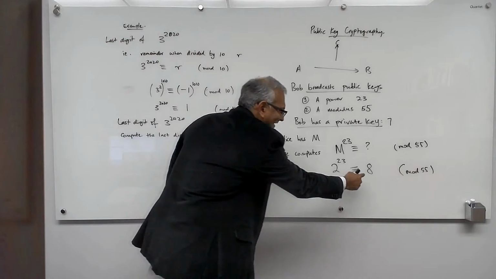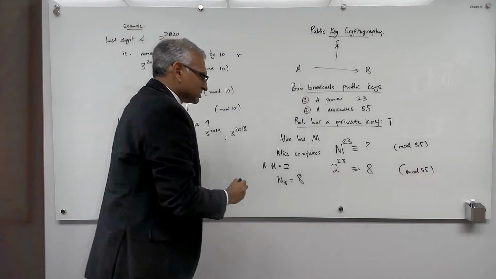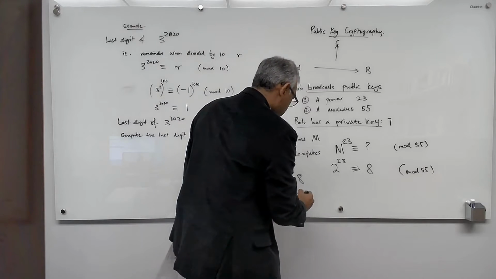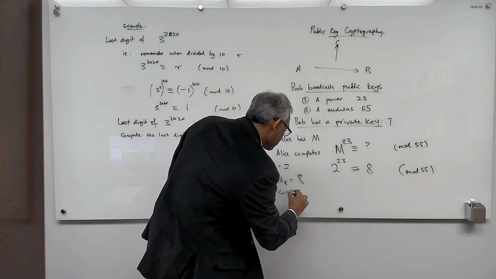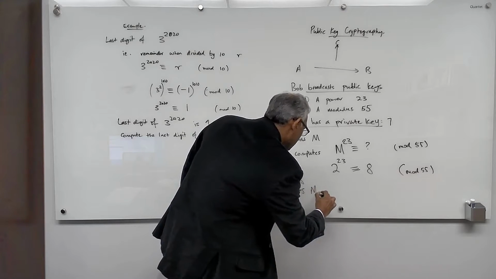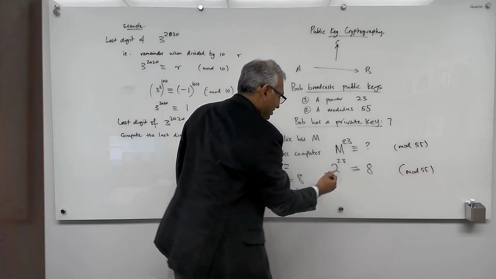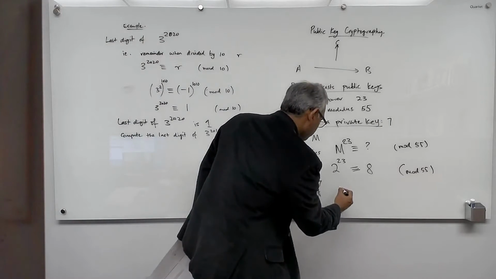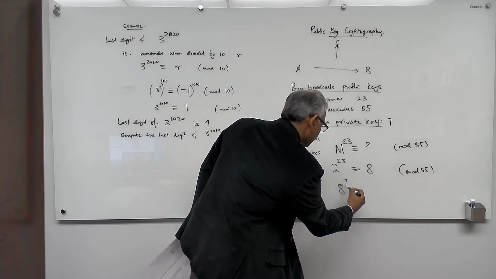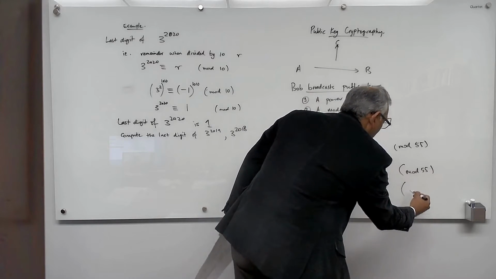Bob receives 8, and Bob computes M star raised to his private key 7 in this mod 55 world. So Bob computes 8 raised to the power 7, congruent to what in the mod 55 world.